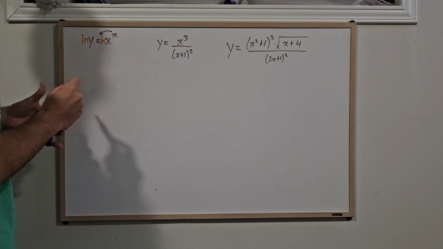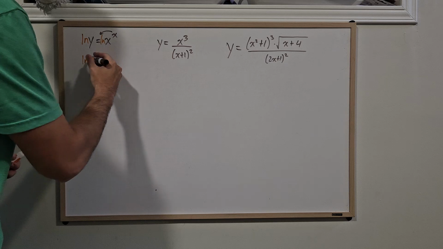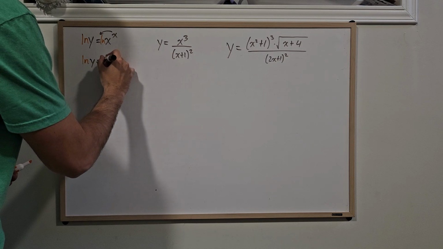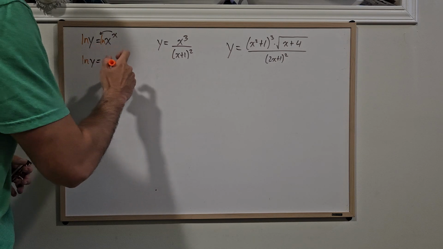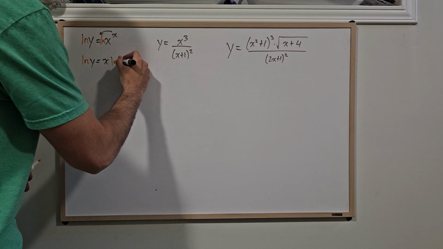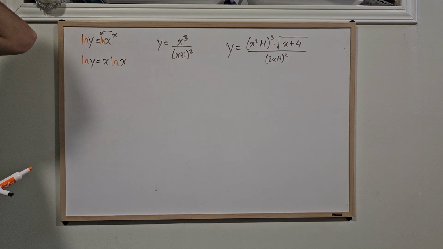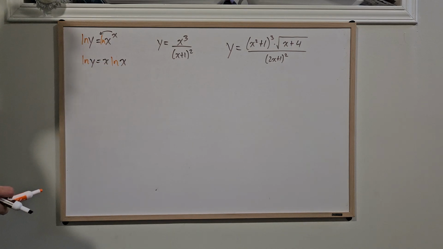So I'm just going to rewrite this. I have natural log of y is equal to x natural log of x, just like that. Now we can go ahead and differentiate implicitly from left to right.